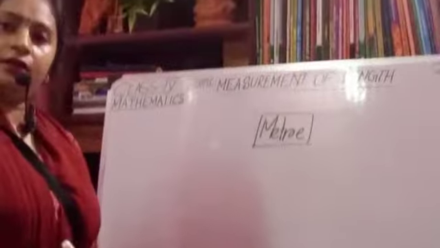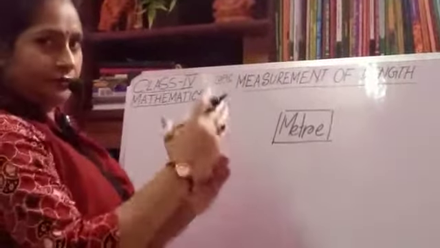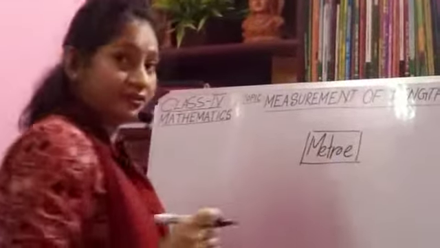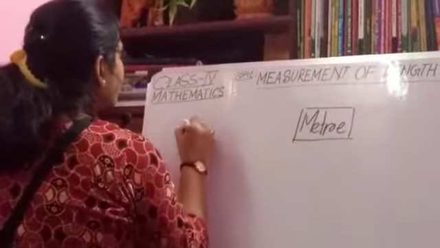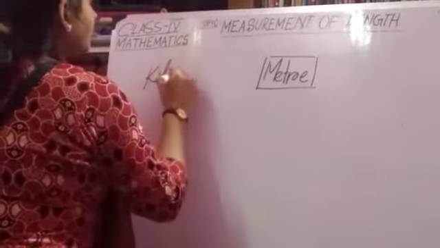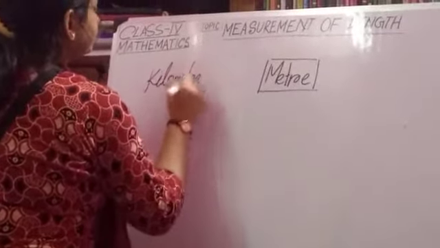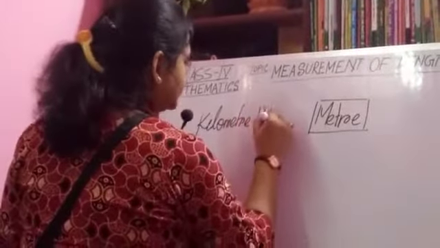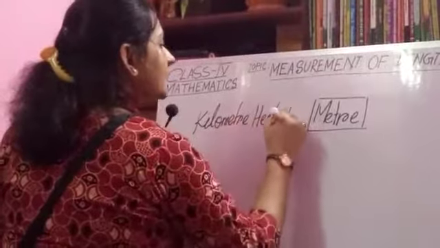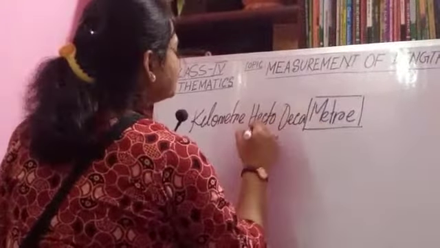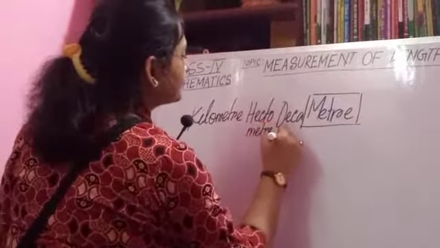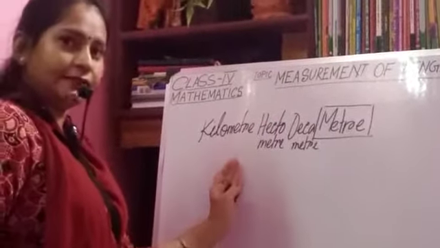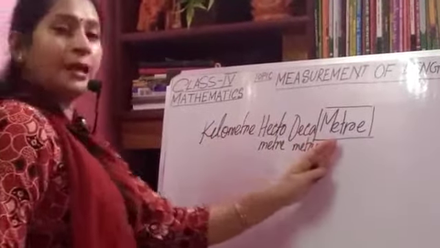Now, there are greater units and lower units to measure length. So, I am writing them also. Kilometer, right? Hectometer, decameter, so they sit at the left position, left of this meter.